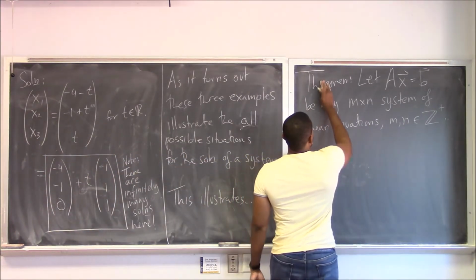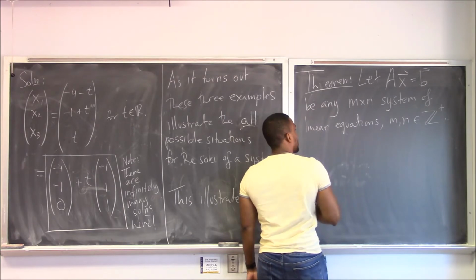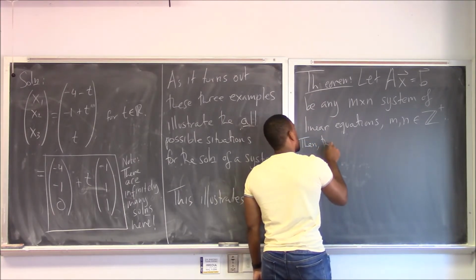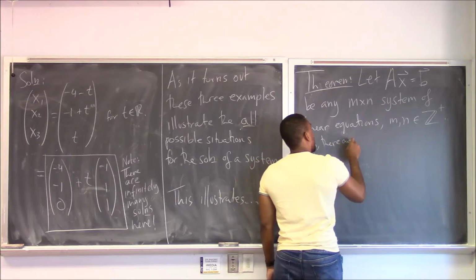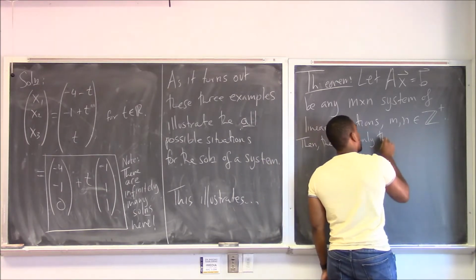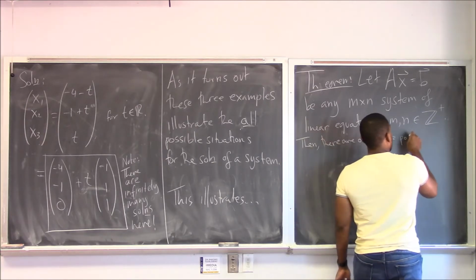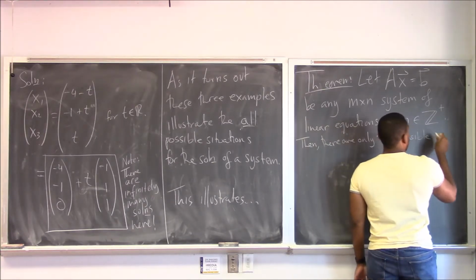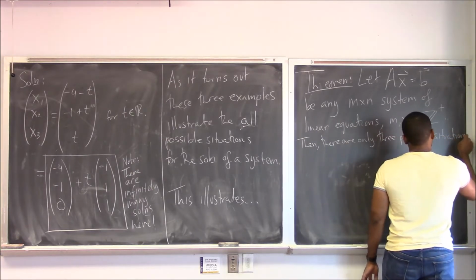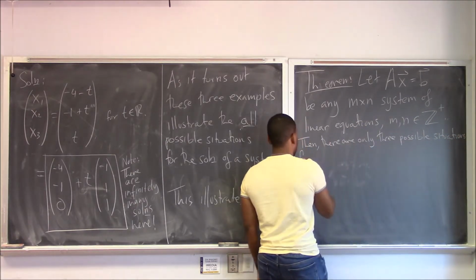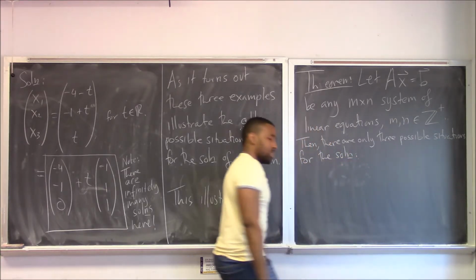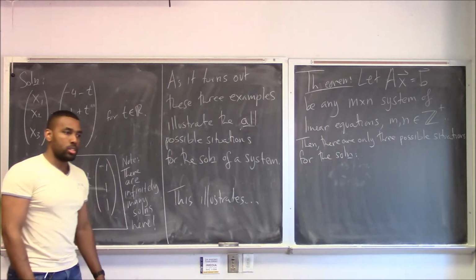Then there are only 3 possible situations for the solution. Some books call this the variety of solutions to a linear system.